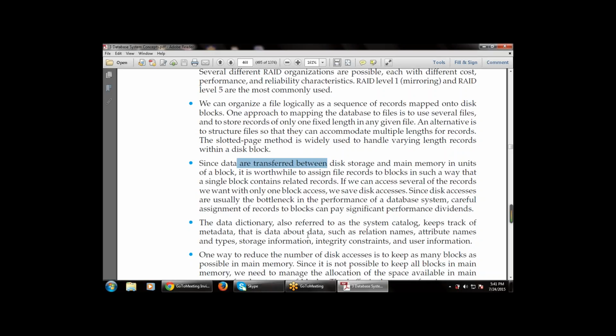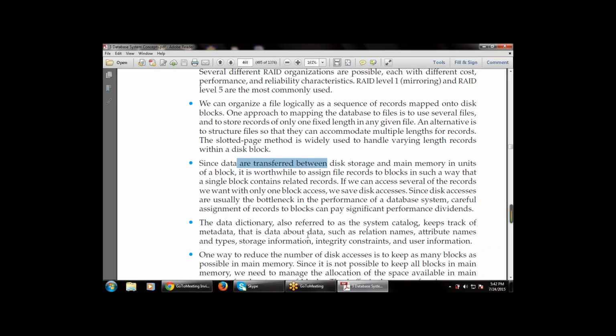The next point says one way to reduce the number of disk accesses is to keep as many blocks as possible in the main memory. If I want to reduce the number of disk accesses so that the speed is high and the cost is lower, we have to keep as many blocks as possible in the main memory.